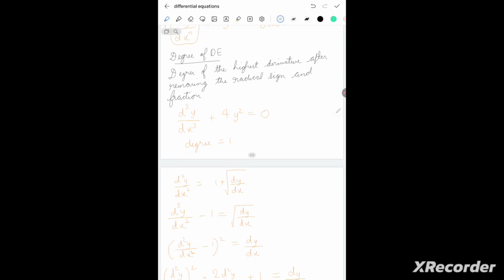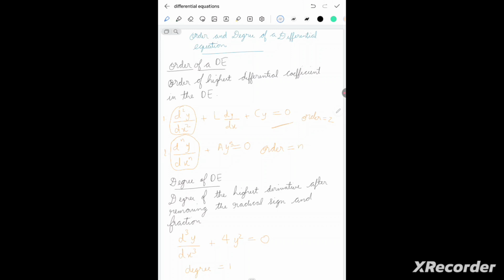Now consider this example: d cube y by dx cube plus 4y square is equal to 0. Here the highest derivative is d cube y by dx cube, right? So what is its power? Its power is 1. So here the degree is 1.